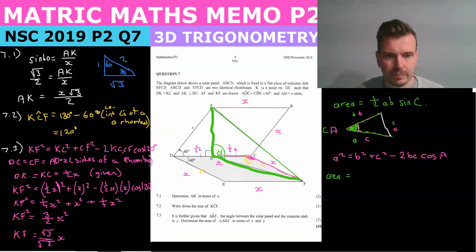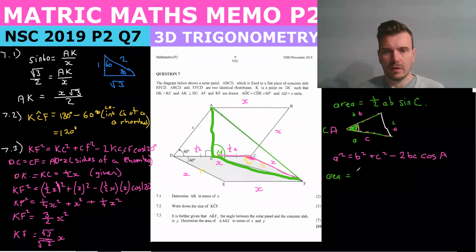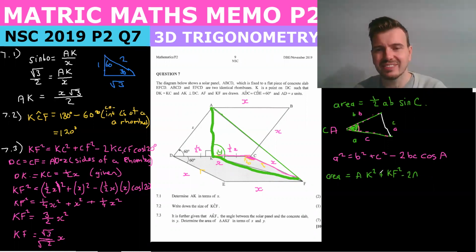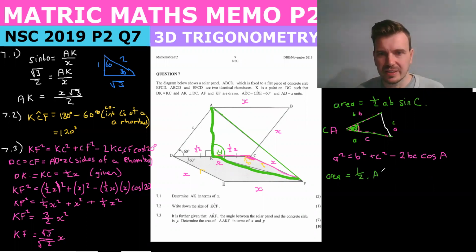Right, b squared is our AK squared, and our c squared is KF squared minus 2 AK times KF. We need to do our area. It's a half AK times KF. I'm glad, because that's much easier.